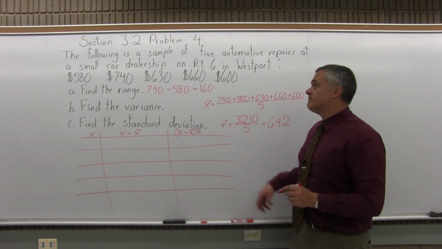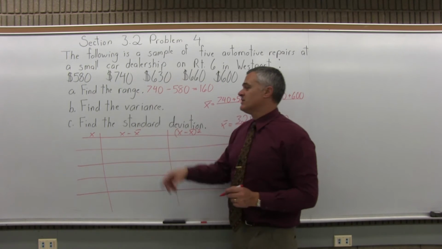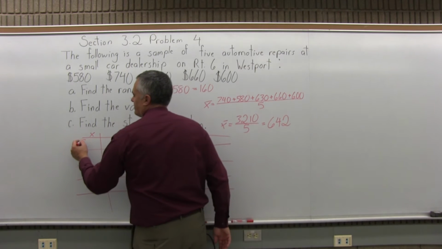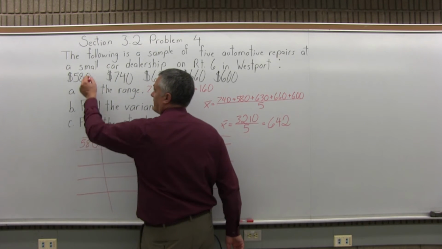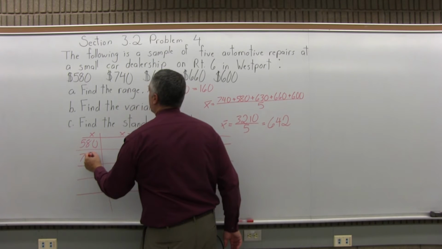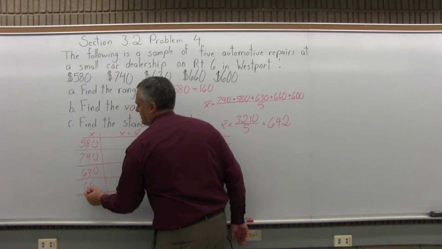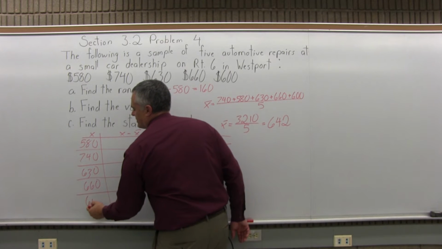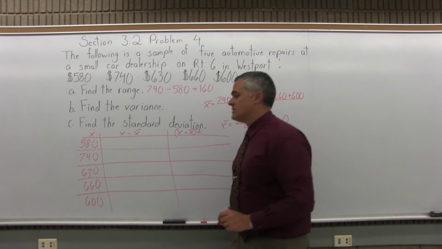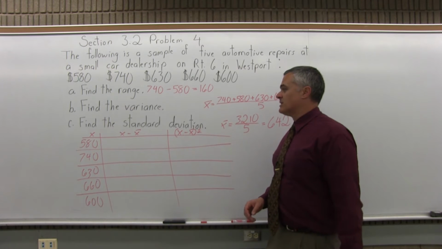So the x column gets the data values that are given in the question. So my values of x are 580, 740, 630, 660, and 600. Those are the different values of x they're given right in the question.